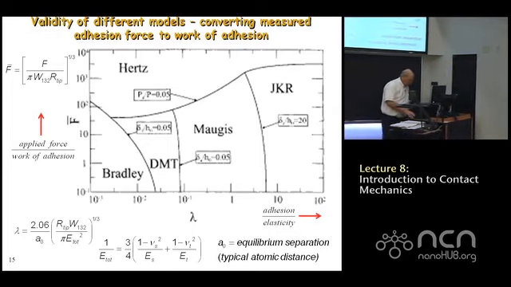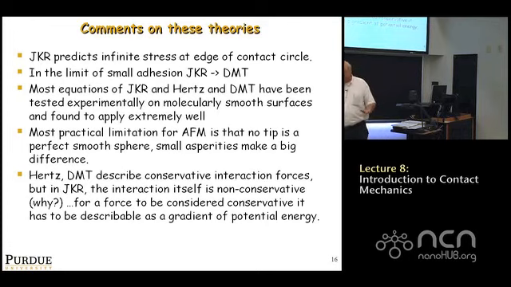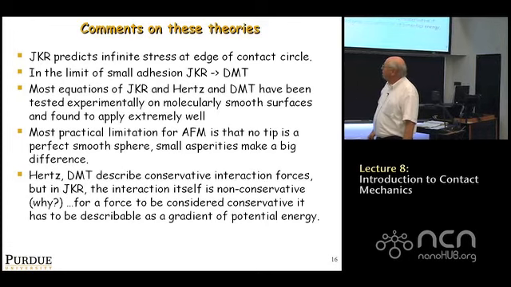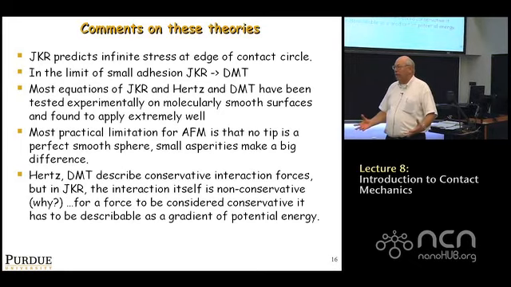So, these are just a bunch of comments you can read and sort through on your own. I think as an experimentalist, I like to focus on that third bullet. All of the equations, JKR, Hertz, and DMT, have been tested experimentally, and they are actually very accurate if your surfaces are smooth, right?